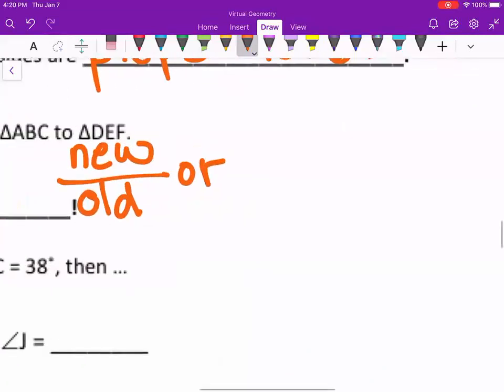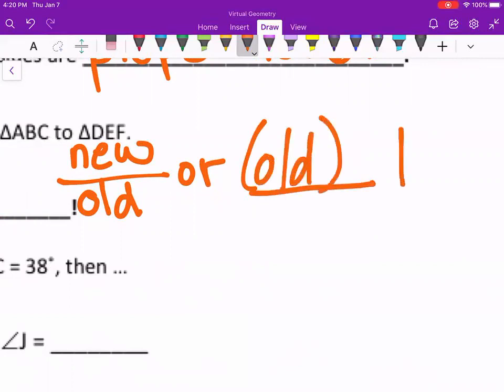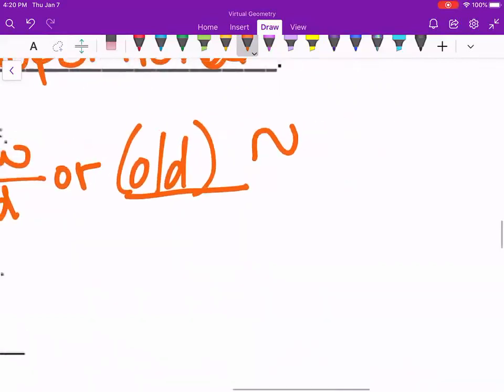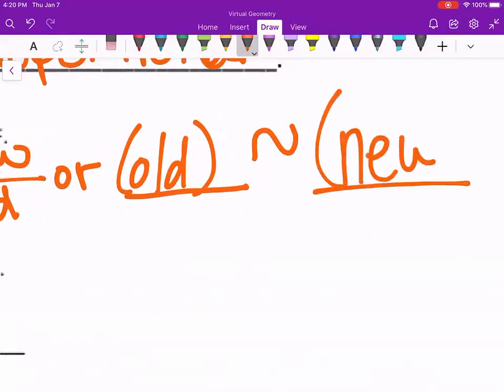The first triangle in your similarity statement is your old one, and the second triangle in the statement is your new one.